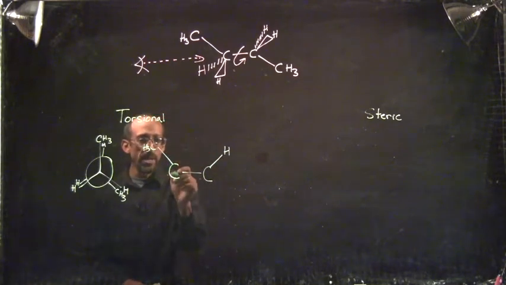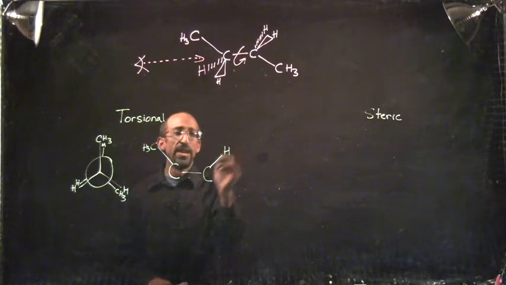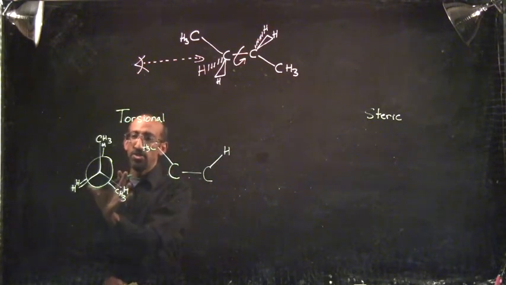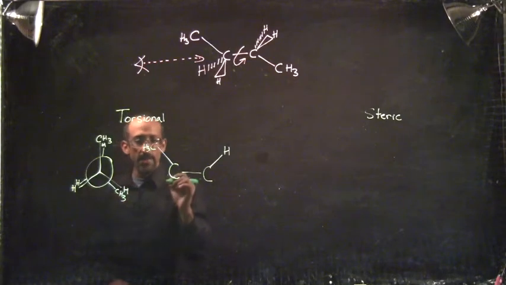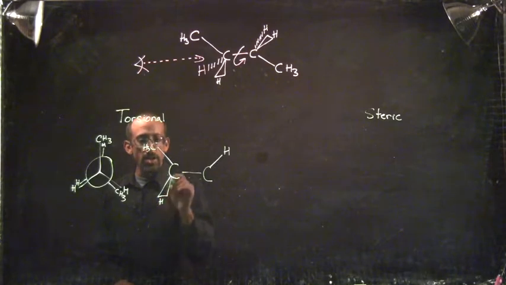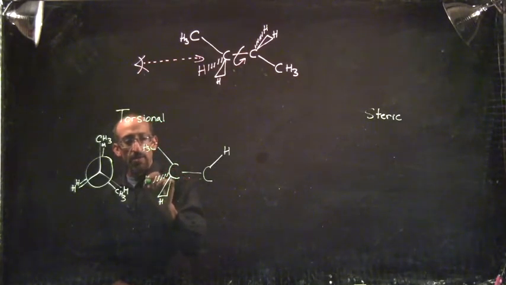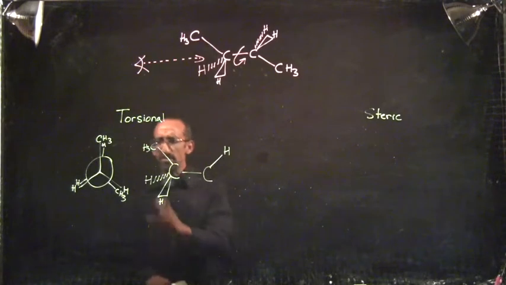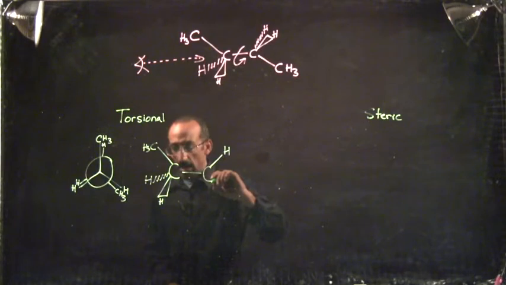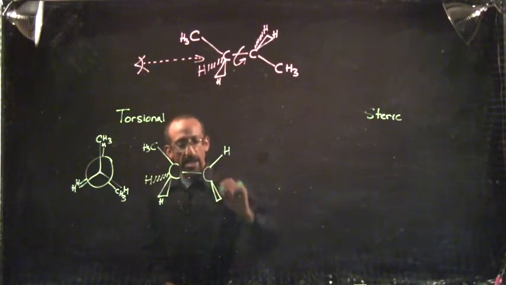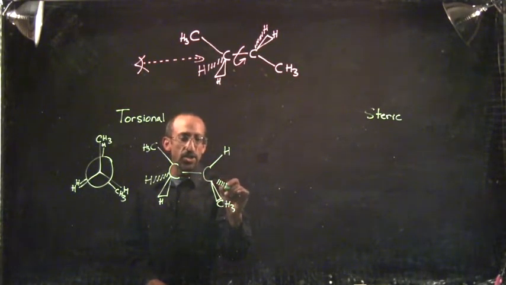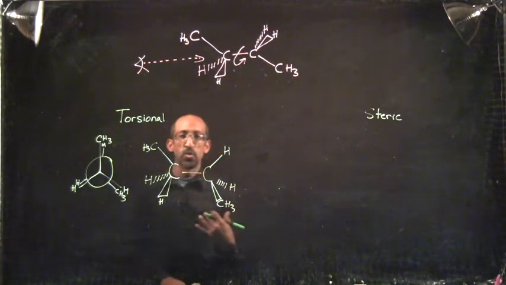My methyl carbon, my central carbon, my third carbon, and finally this hydrogen coming off of it. I'm going to put in the other 2 substituents on my front carbon. I'll have a hydrogen coming out of the board towards you, and another one coming behind the board towards me. And now here on my back carbon, I will have a methyl group coming out of the board towards you, and a hydrogen coming behind the board towards me.